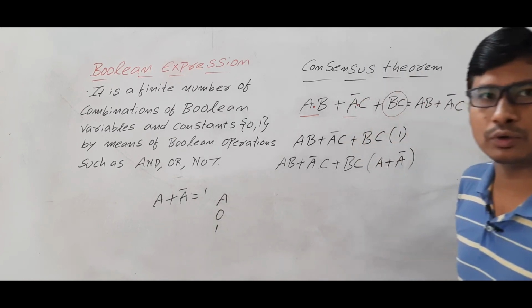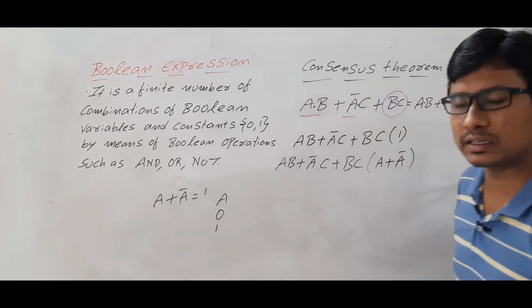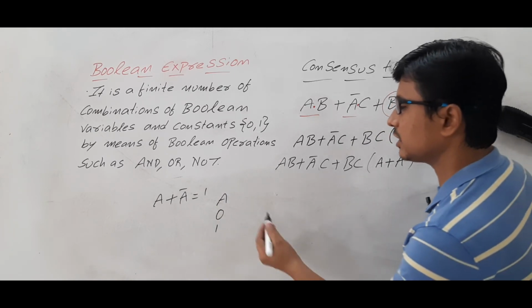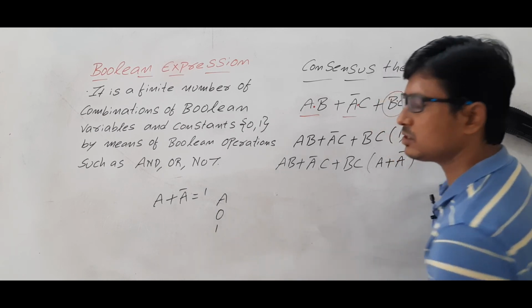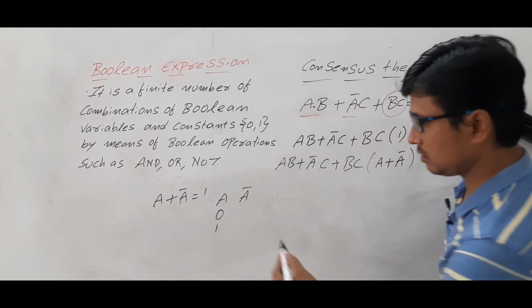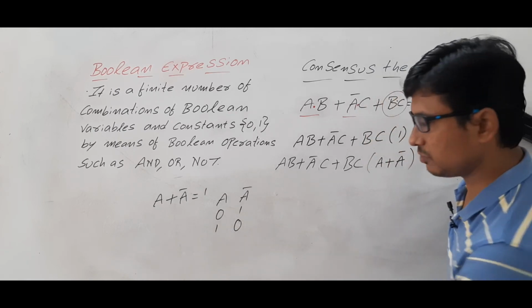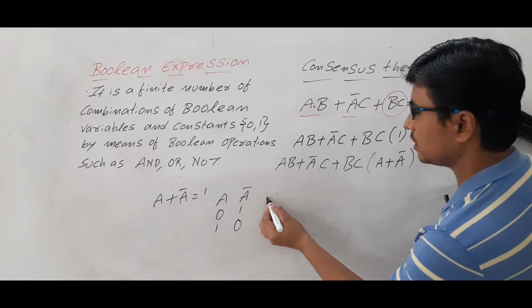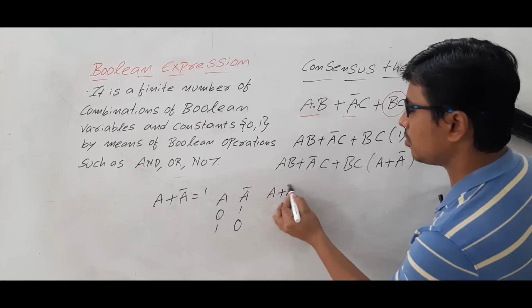If you want to check whether LHS is equal to RHS, you just take the tables and check whether they are equal or not. A is 0 and 1. A's complement is 1, 0, am I right? If it is 0, it becomes 1, and 1 becomes 0.